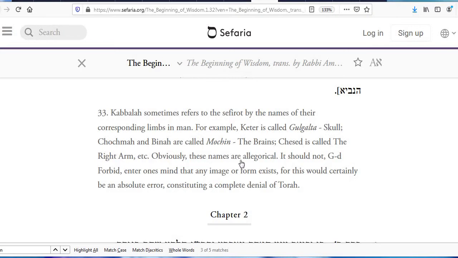Obviously, these names are allegorical. It should not, God forbid, enter one's mind that any image or form exists, for this would certainly be an absolute error, constituting a complete denial of Torah.